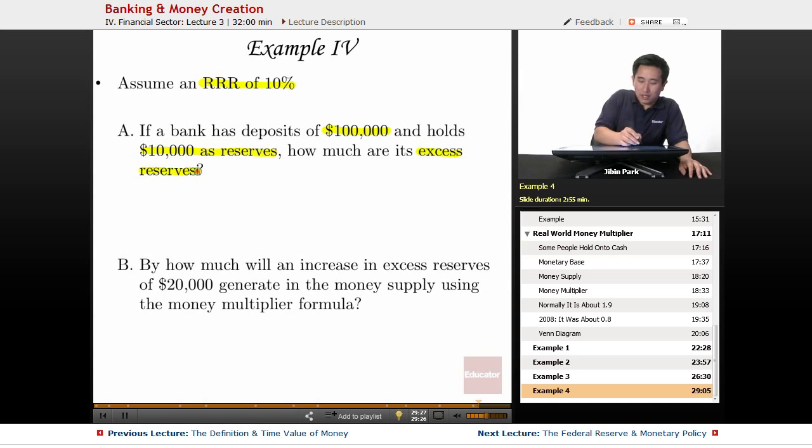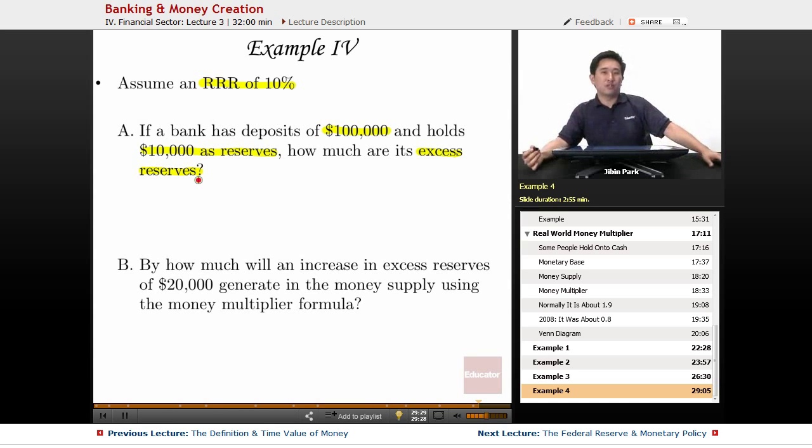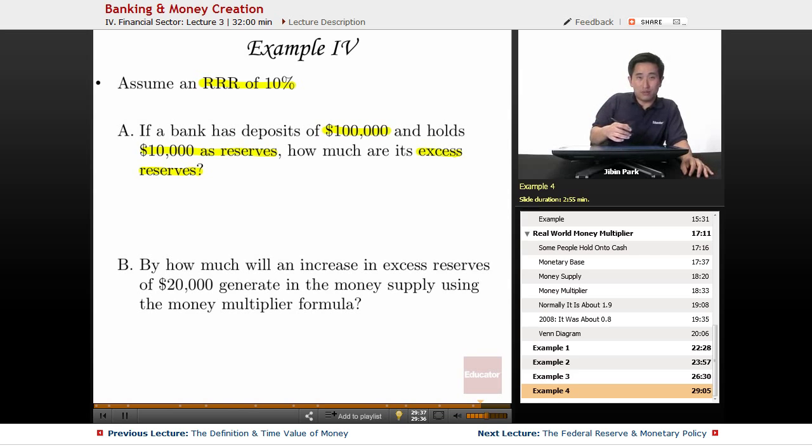Let's say $90,000 was lent out. Then how much of that $10,000, assuming an RR of 10%? Well, if it's $100,000, actually there's no multiplying right here. 10% of that is going to be $10,000.